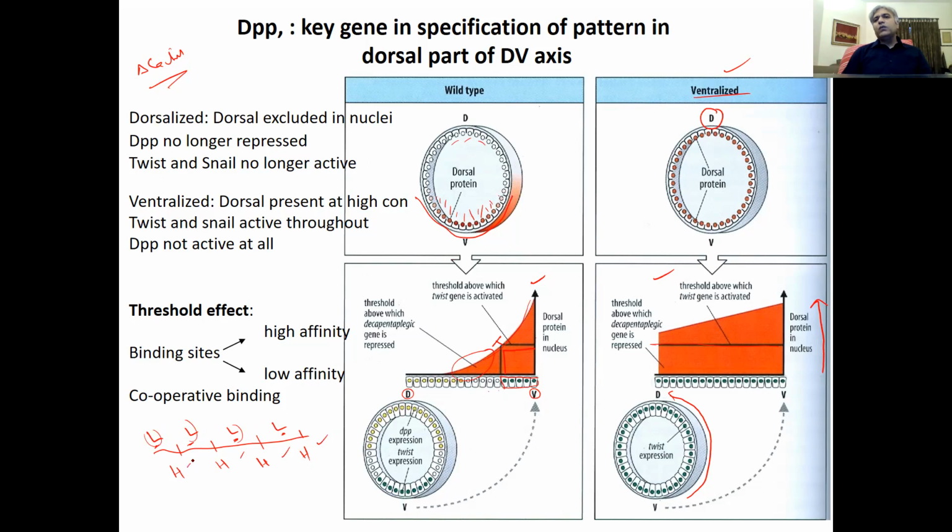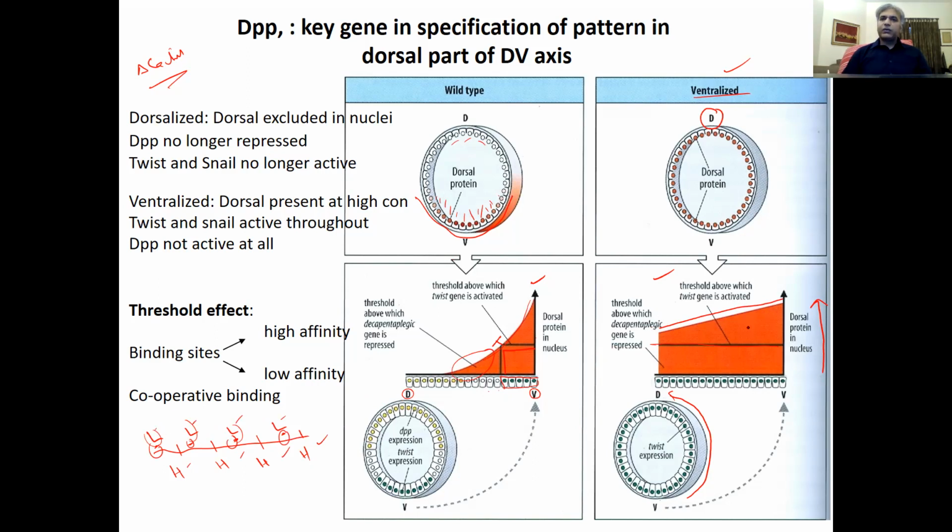Now, when you move the protein concentration beyond a certain threshold, even these low affinity binding sites will be bound by the excessive dorsal protein present, and the genes next to these low affinity binding sites will also be active.